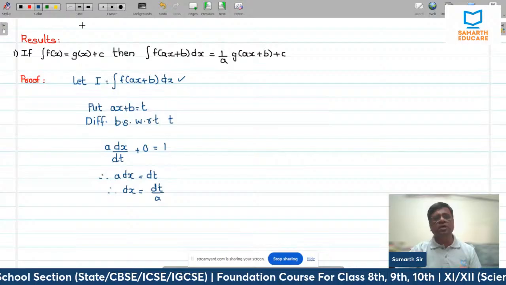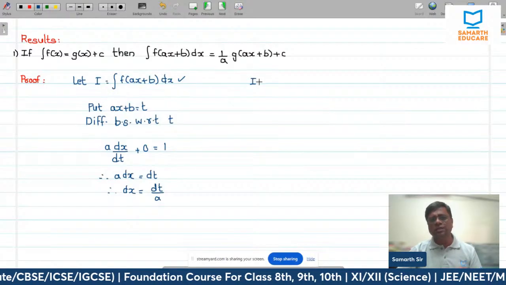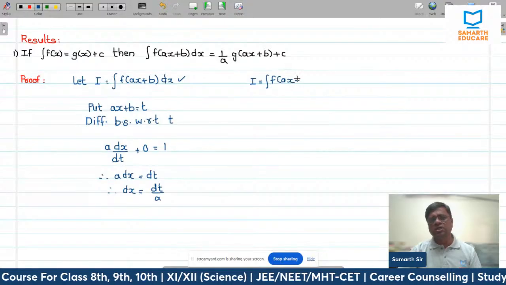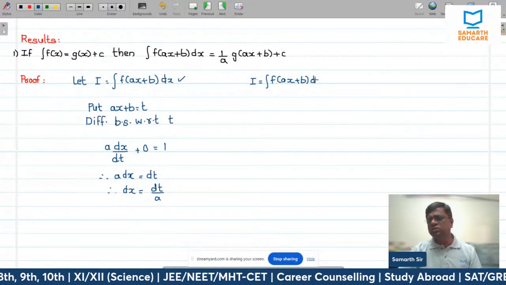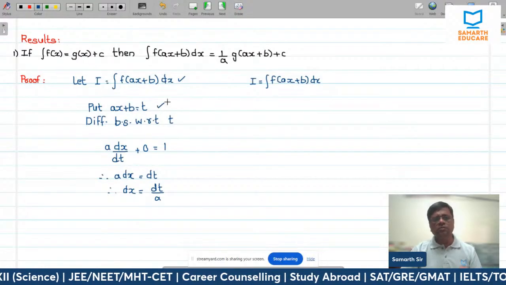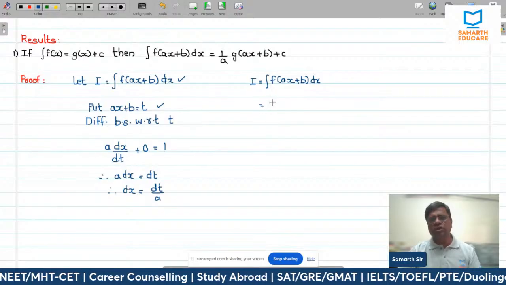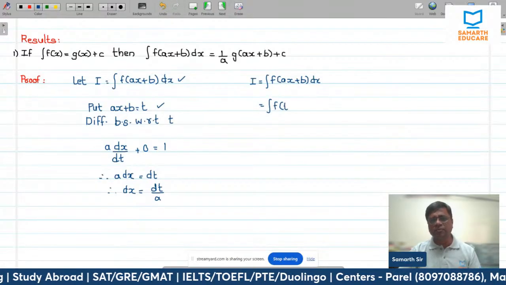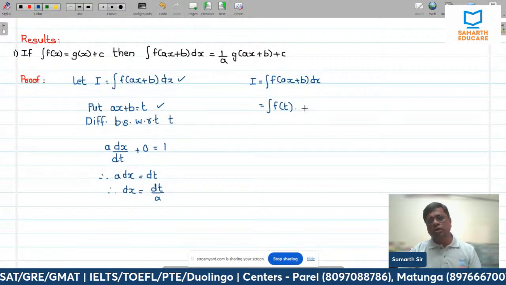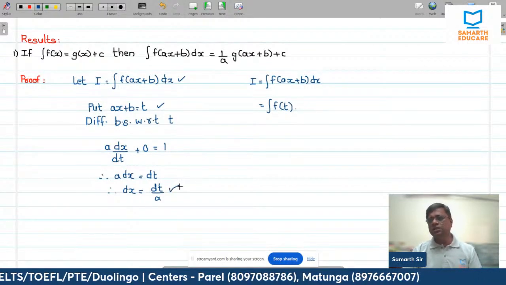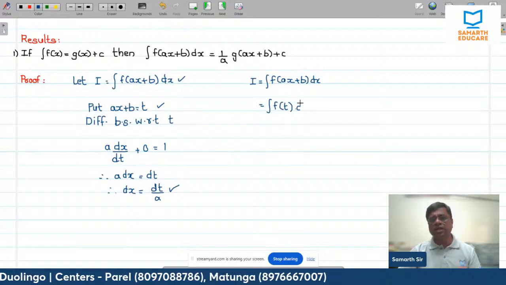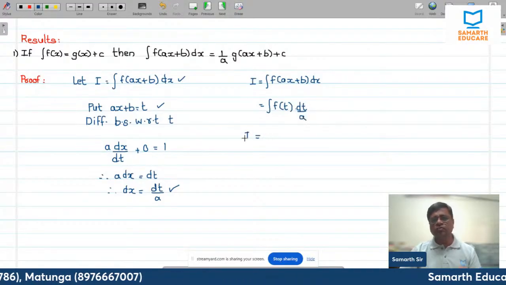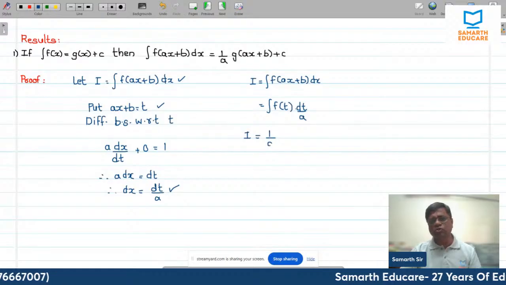Let me come back to the problem. ये मेरा problem है, right? So I is equal to integration of f of ax plus b. Now what I'm going to do is substitute ax plus b by t. Now dx will be replaced by dt upon a. As per the rules of integration, constant term को हम बाजू में निकालते हैं.